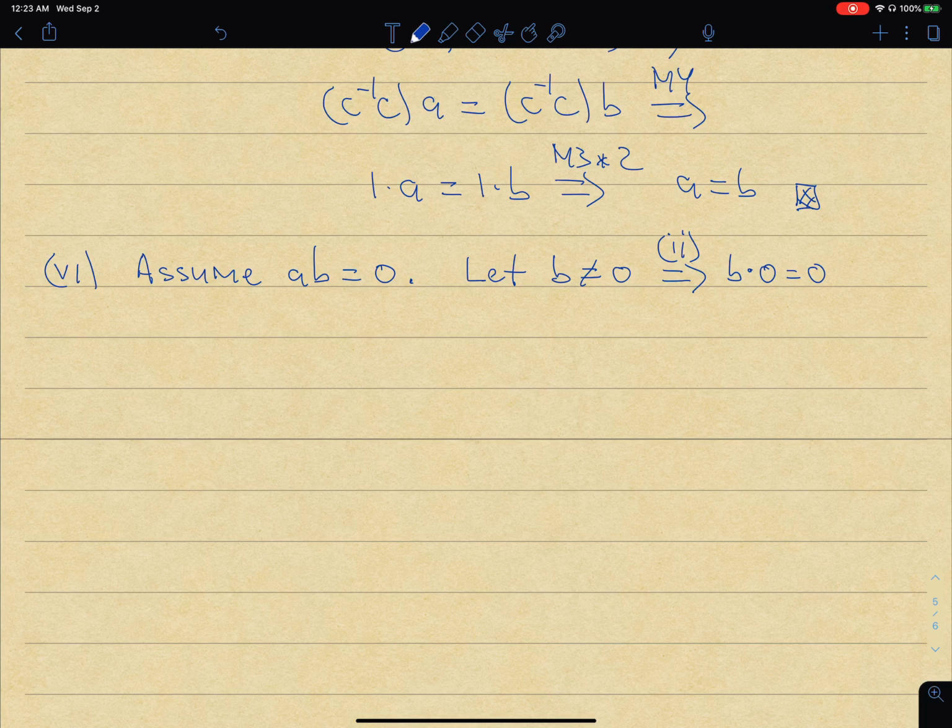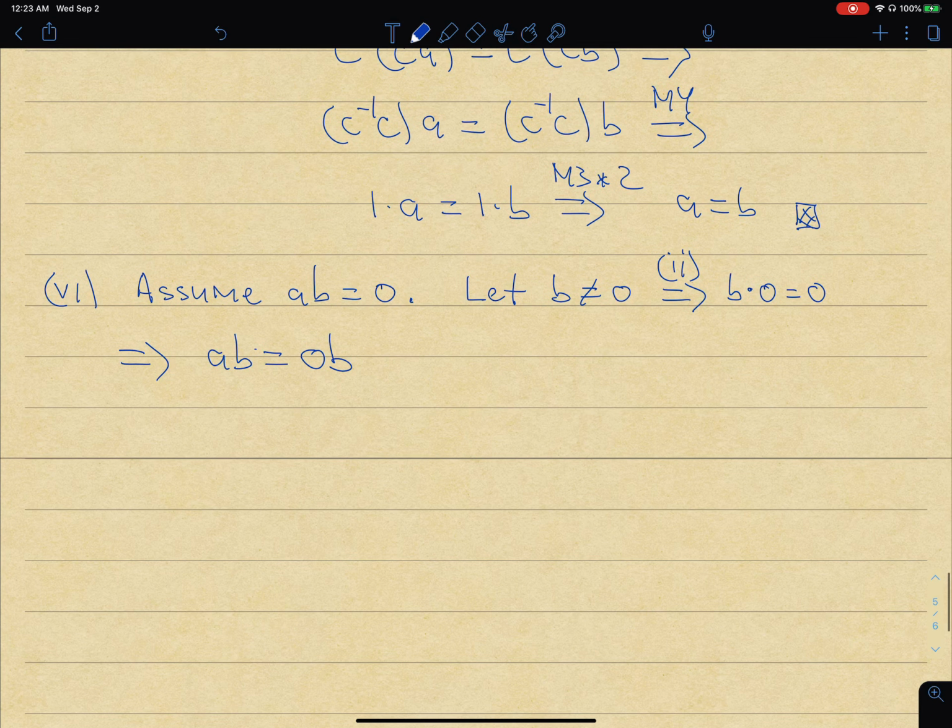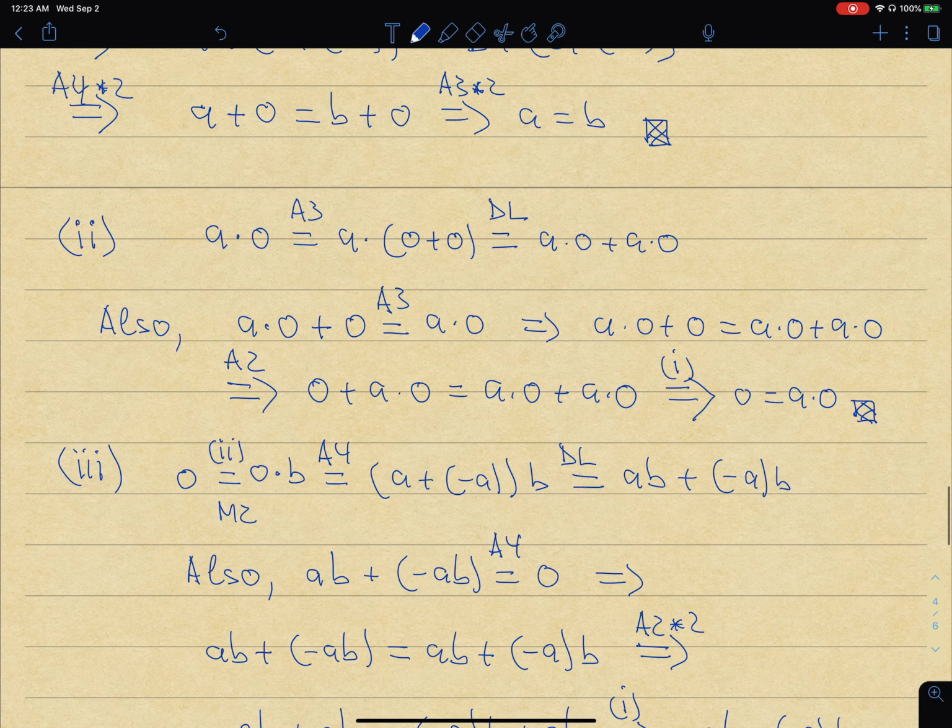And therefore, AB is the same thing as 0 times B, right? Again, in this case, let's make sure that I'm doing things in appropriate order.